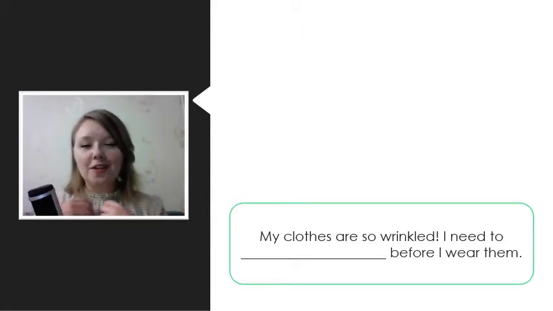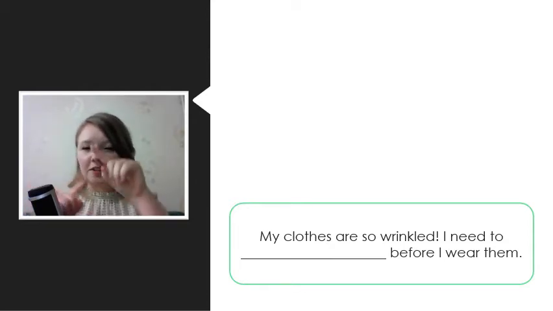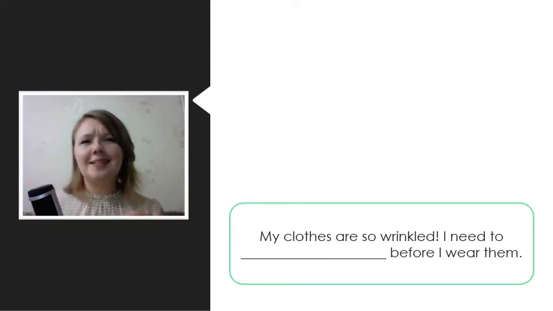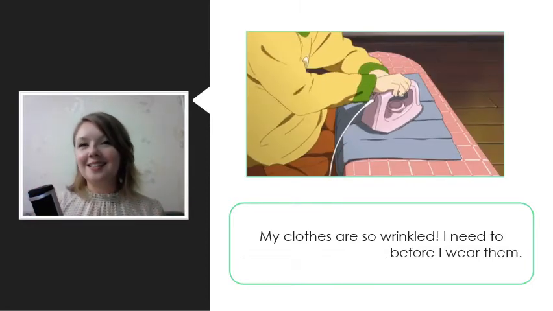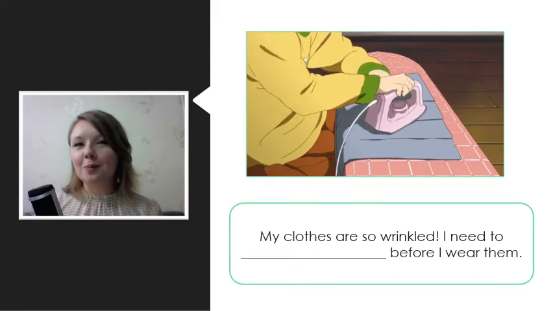If your clothes are wrinkled, it means there are some lines in them and they do not look very straight and clean and fresh. So what would we need to do? What is the chore where we make our clothes flat and nice with no wrinkles? Here's a hint. Do you remember what this is called?